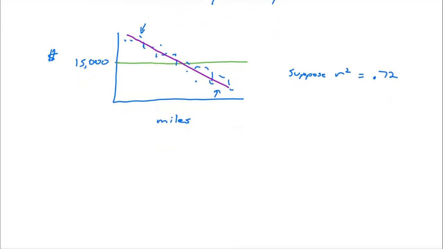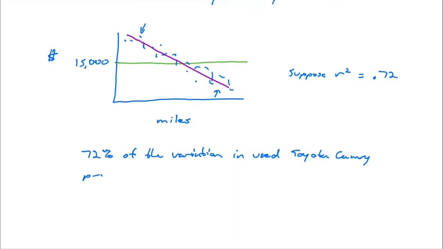In this case, how I might interpret this is I might say, for example, if R squared is 0.72, I might say 72% of the variation in used Toyota Camry prices is explained by or accounted for.